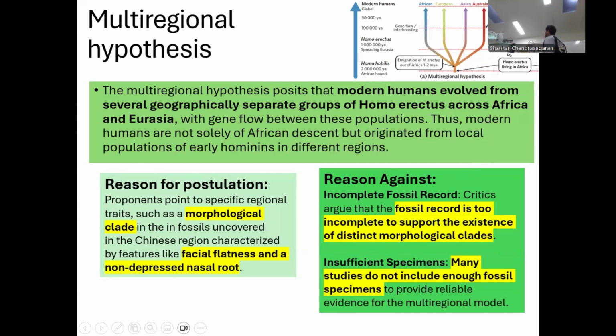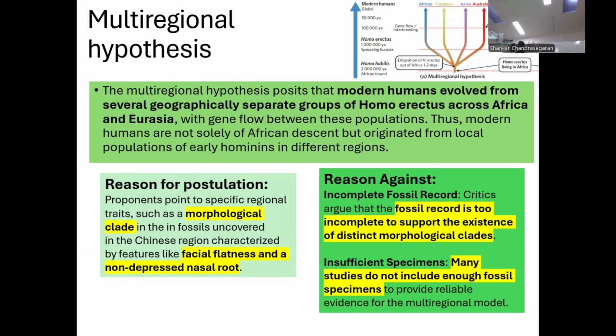So now let's go into the multi-regional hypothesis and why it is still present, right? What it's about, why it's still being postulated, and also why we don't really feel like this is the primary hypothesis.